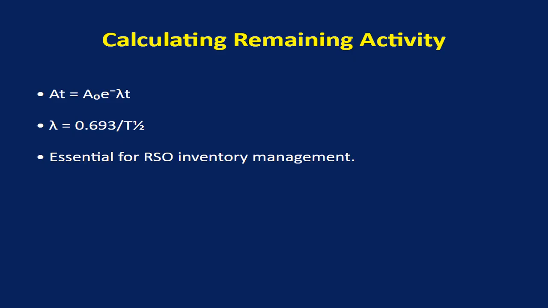Don't let the math scare you. Lambda is just a decay constant calculated by dividing 0.693 by the half-life. If you know the half-life, you can predict the future of your source.